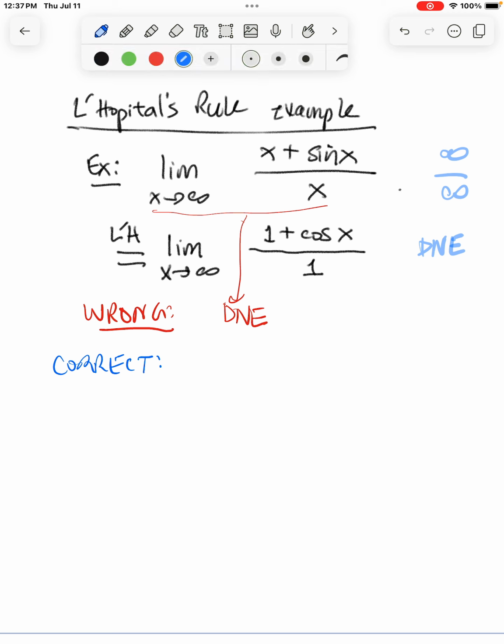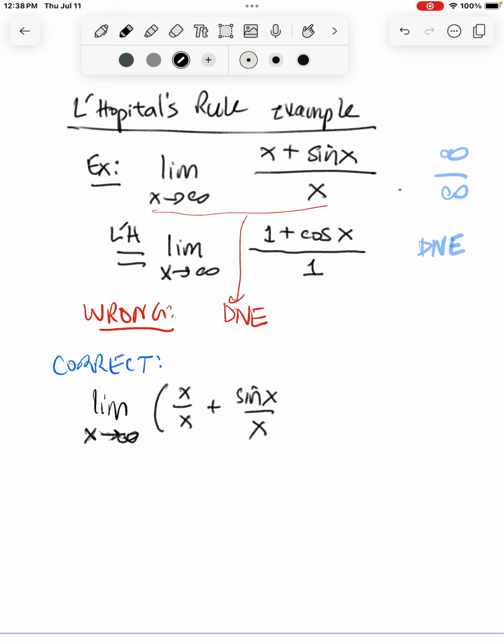Well, let's think about how we can do this. We can split up this fraction, right? So it's equal to the limit as x goes to infinity of x over x plus sine x over x.